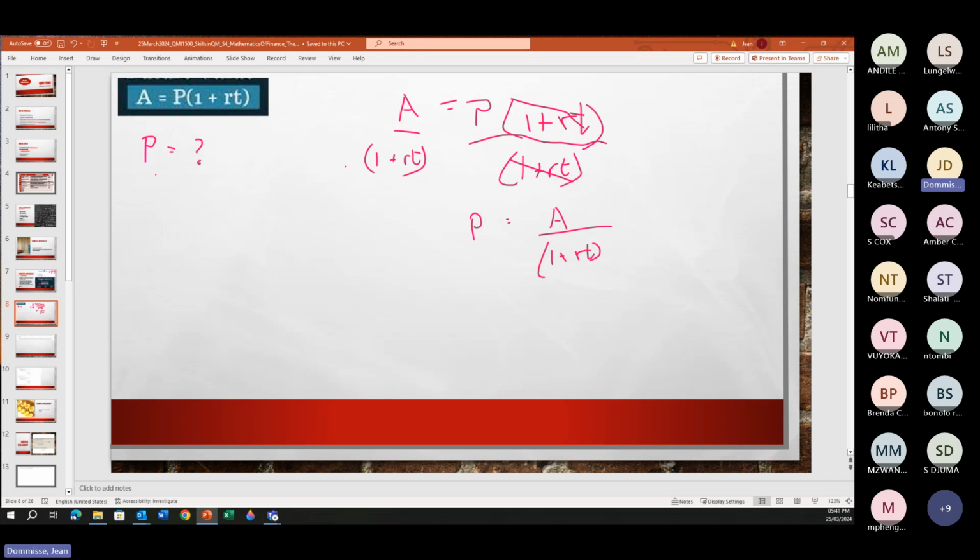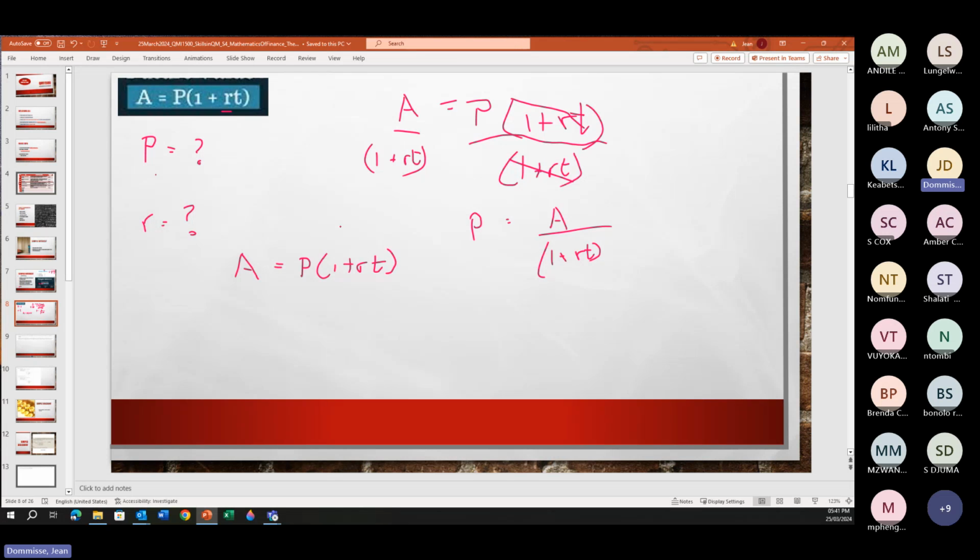Another one could have been to say, let's make R the subject or the object of the formula. So then it becomes a bit different, but we will always start with the same formula, A equals P times 1 plus RT.